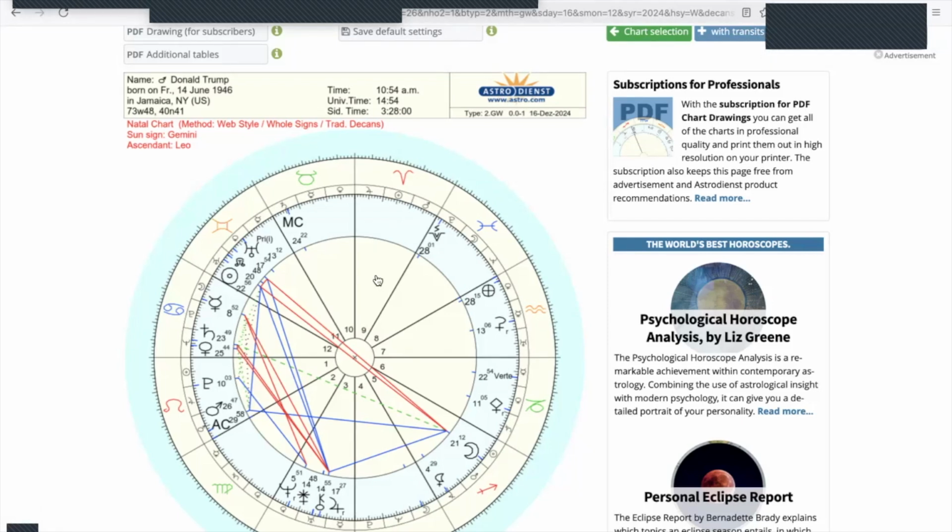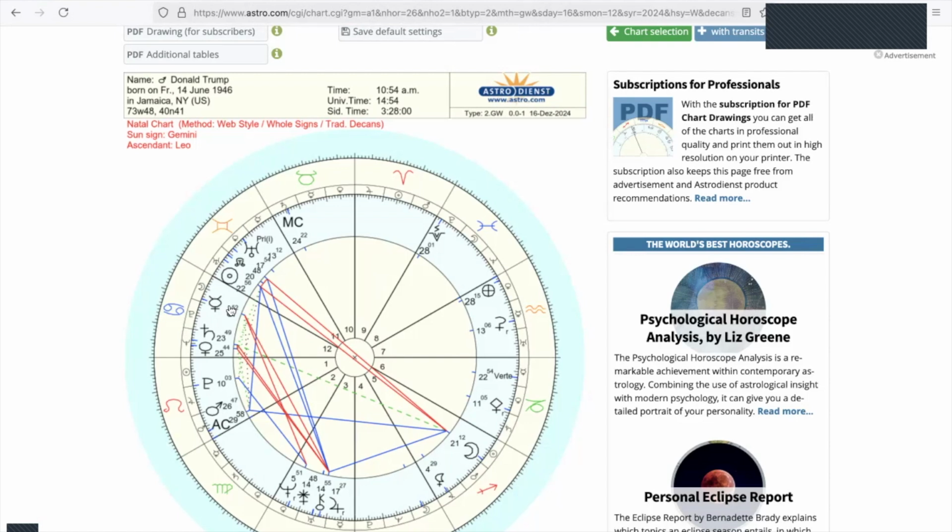Now, here you can see that his second house is empty, his fourth house is empty, his ninth house is empty. So, for his second house, what you want to do is look at the ruling planet. Here his second house is ruled by Virgo, which means that the ruling planet of the second house is Mercury, which is in his 12th house.